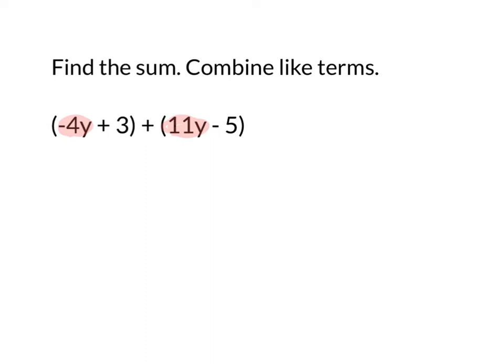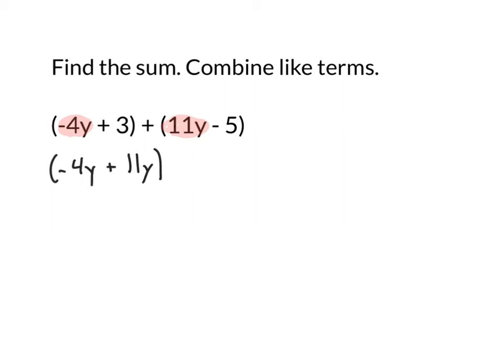Those are like terms because y is the same variable at the same power. We know that we can use the commutative property when we add and multiply, which means that we can change the order of our terms. We could still start with negative 4y, but we could move 11y. We would do that to keep the like terms together.